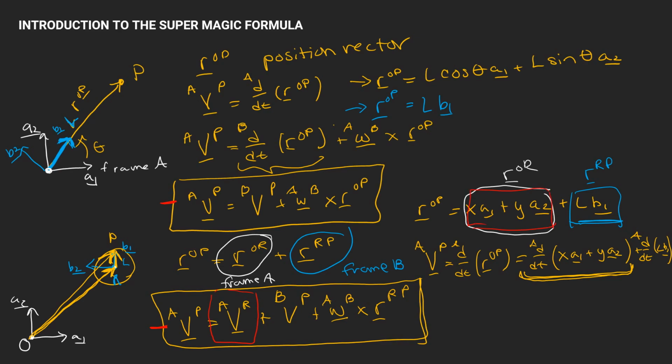But the reason I went through the exercise of defining the general equation for calculating velocity, especially in this latter case where the origins of frame B and frame A don't line up, is because we're going to use this formula to derive the super magic formula, which allows us to calculate the acceleration now of a point P of interest.